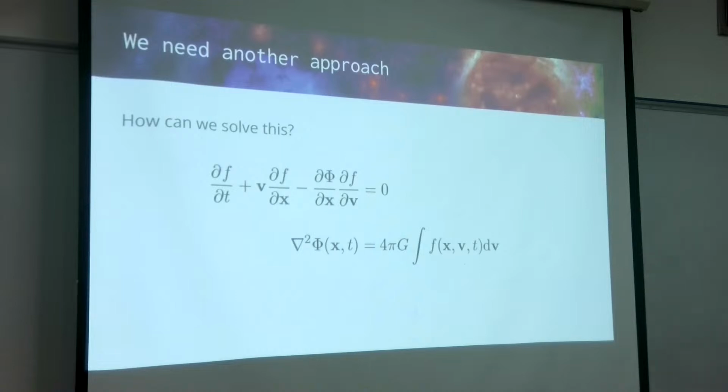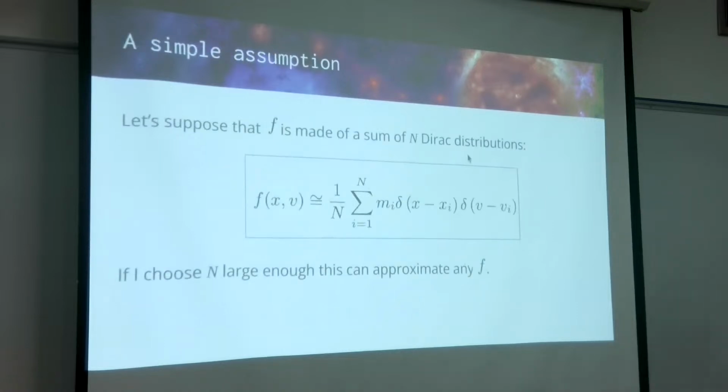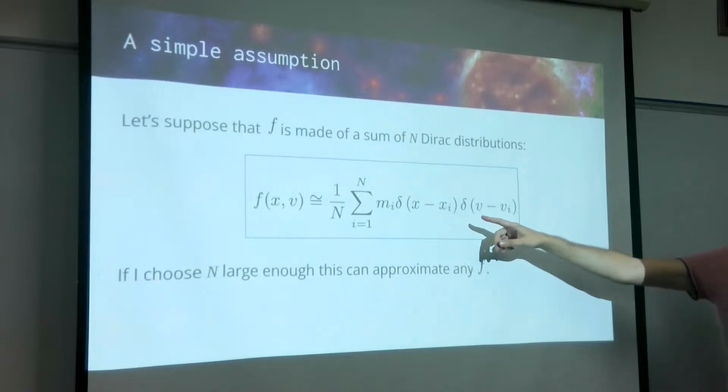So what we can do is try to simplify f in a way that I can solve this problem in a sensible way. I can guess that f is not a continuous function. It's made of Dirac distributions. You know what a Dirac distribution is?